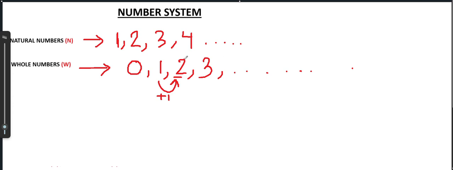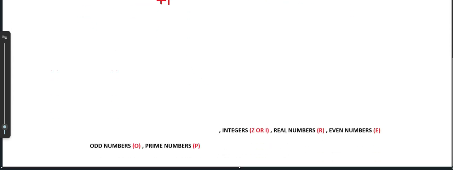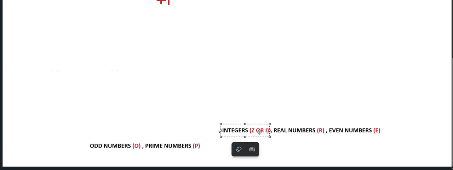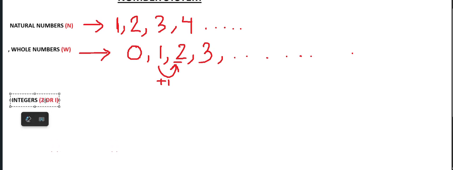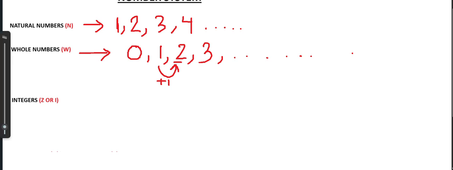Moving on to integers, which are generally abbreviated as Z or I. So what are integers? Integers are a group of numbers which contains the negative part, the 0, and the positive part.